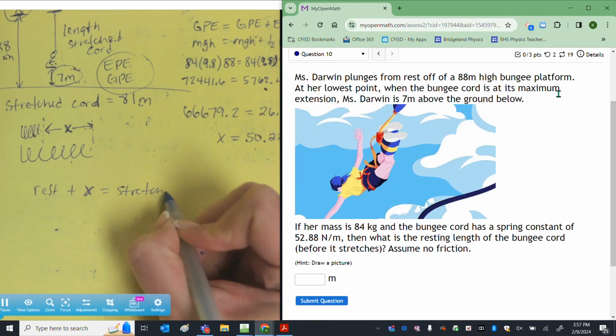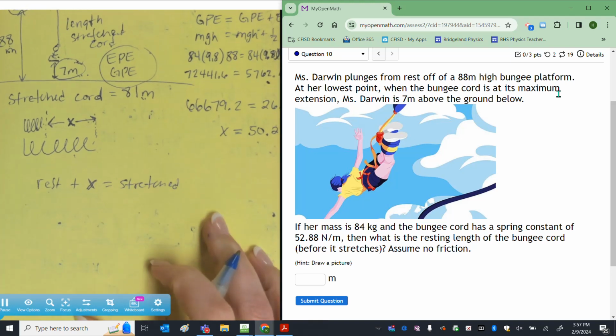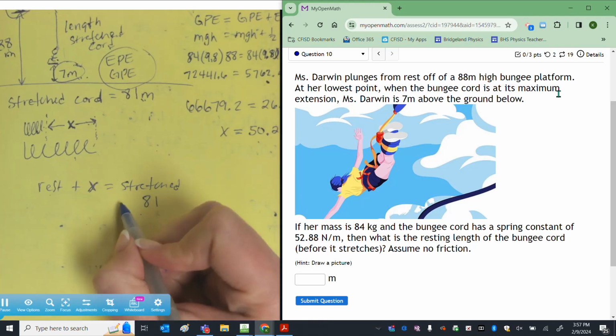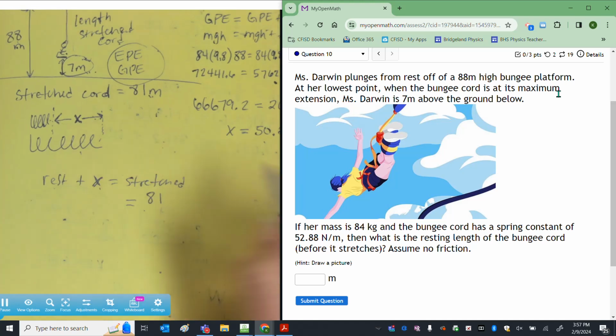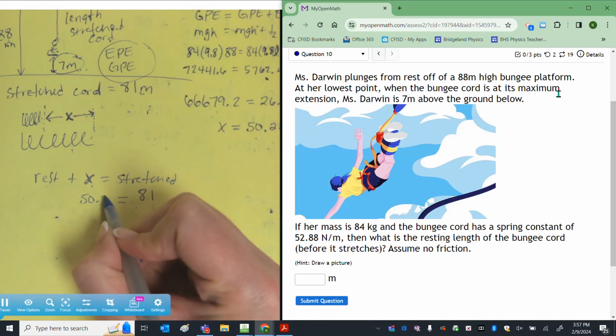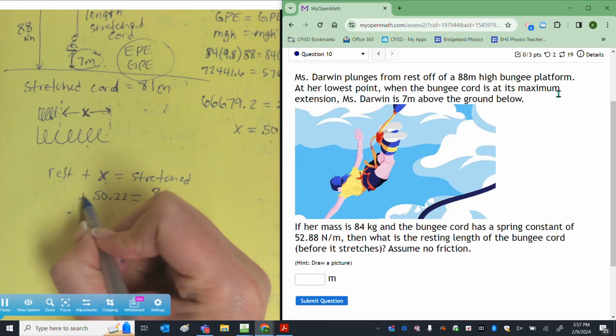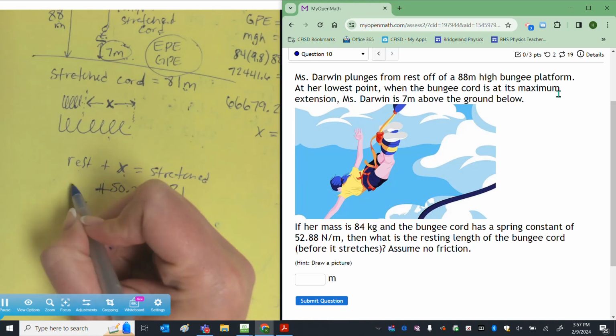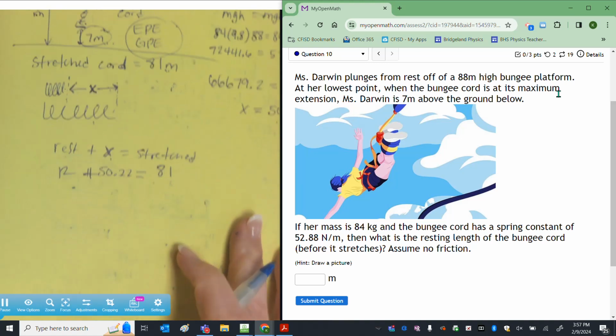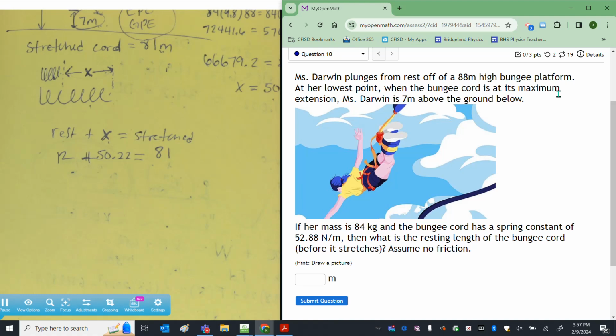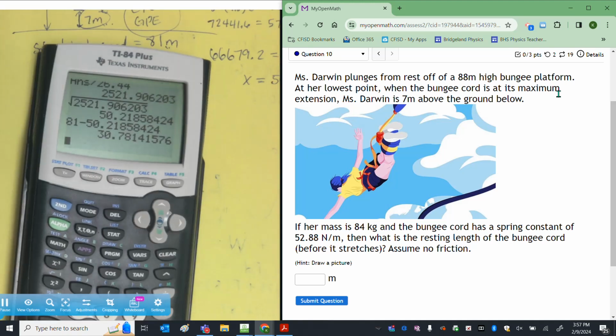I already know this is 81. I know this now is 50.22. I can figure out what that resting length is. So I'm just going to do 81 minus my answer, and that should be what we have to type in for our resting length: 30.78.